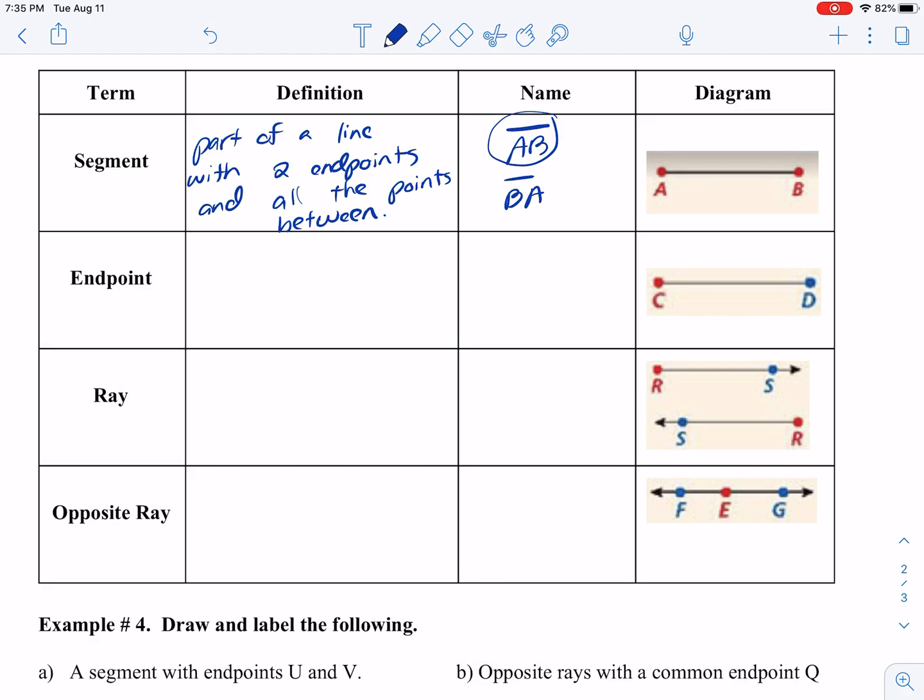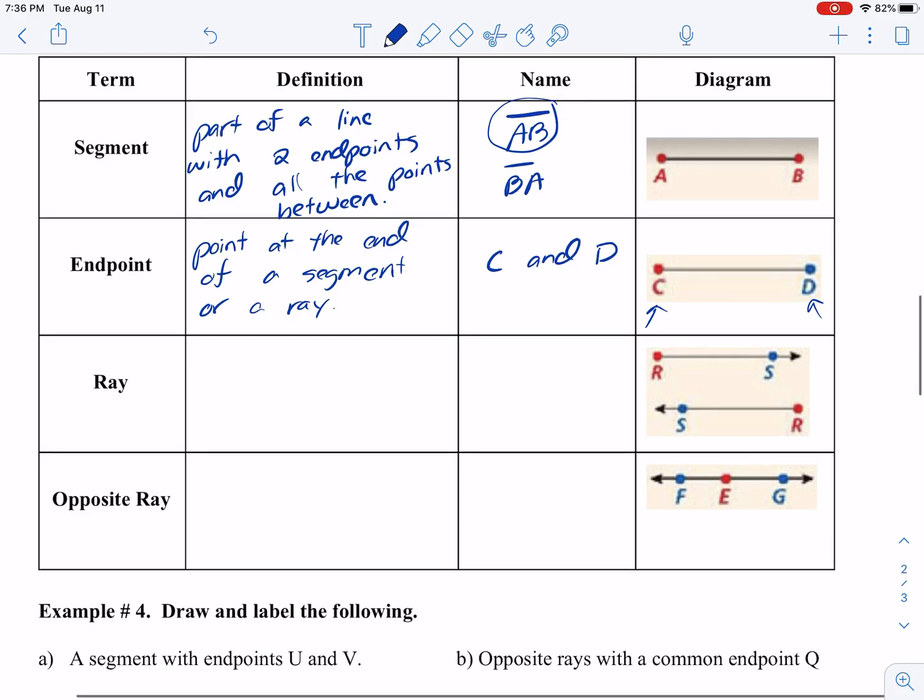An endpoint is a point at the end of a segment or a ray. C and D, those are 2 endpoints. This would be a segment because a segment has 2 endpoints, 1 and 2.